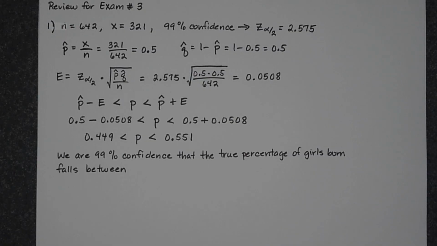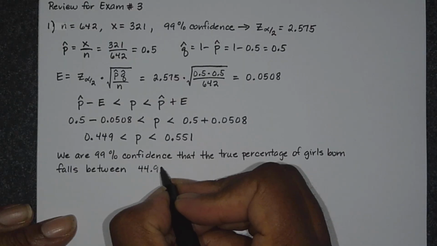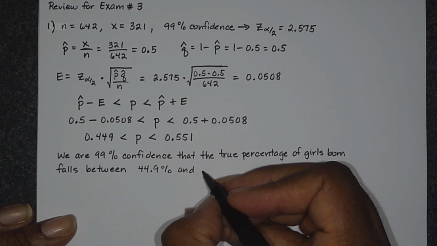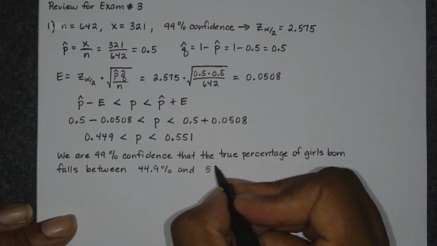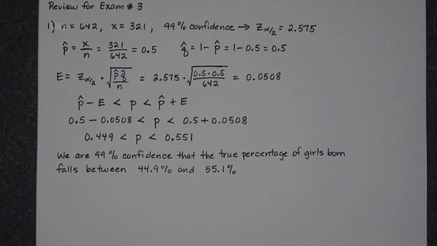So what's 0.449 as a percent? 44.9%. And what's 0.551 as a percent? 55.1%. Now, if it says true proportion, then you'll leave it as a decimal. Okay, so that's how we interpret the confidence interval in words.